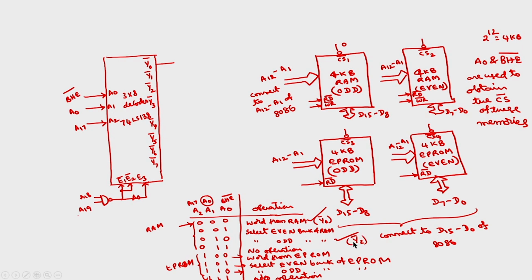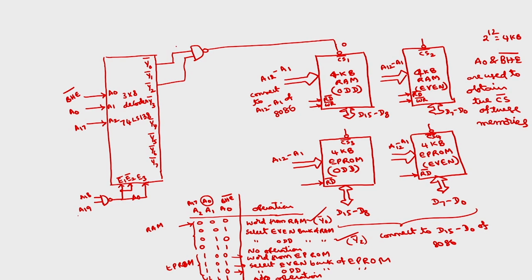So whenever either Y0 bar is 0 or Y2 bar is 0, then CS1 of the first 4K RAM odd has to be 0. Okay. So what will be the logic? You simply connect Y0 bar and Y2 bar through a NAND gate to the chip select of this.